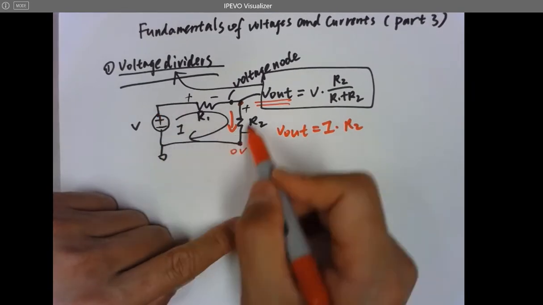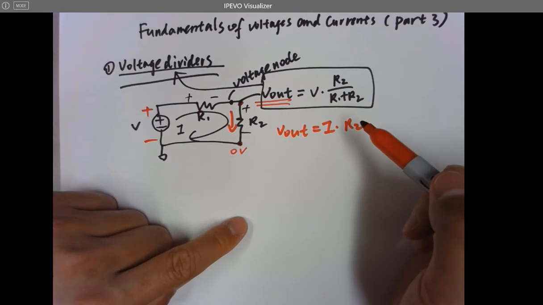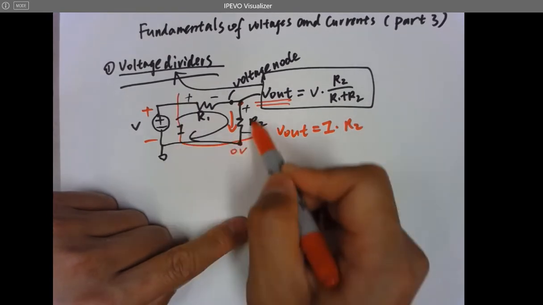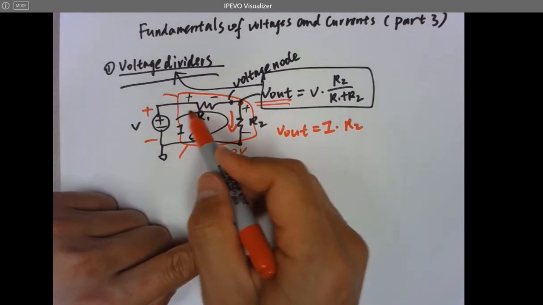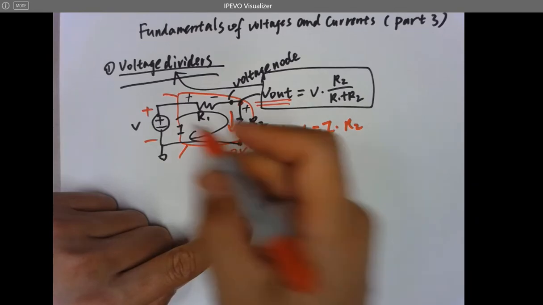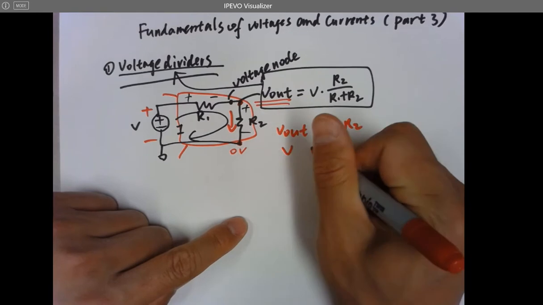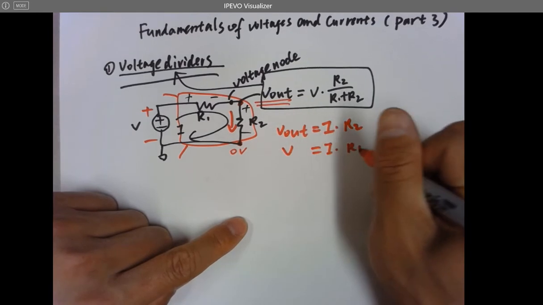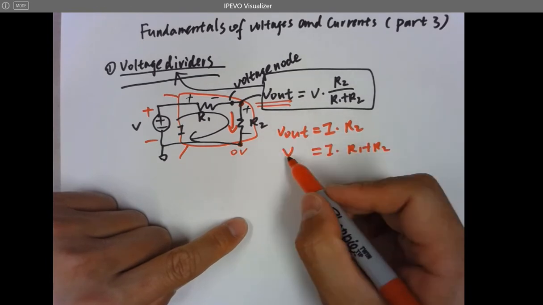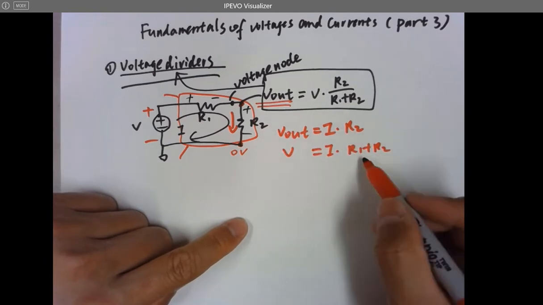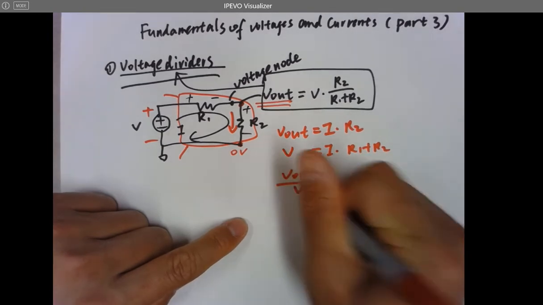And if you look at the overall voltage, which is V, because that's the power supply, this is the highest potential in the circuit. This resistor network has 2 terminals and 2 resistors in series, with the same current, which is also I. So V equals I times (R1 plus R2). If you divide left by left and right by right on the 2 sides of the equation, you get this.